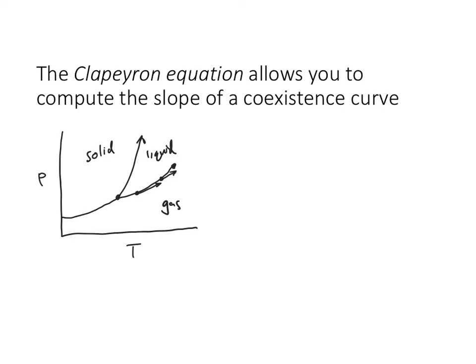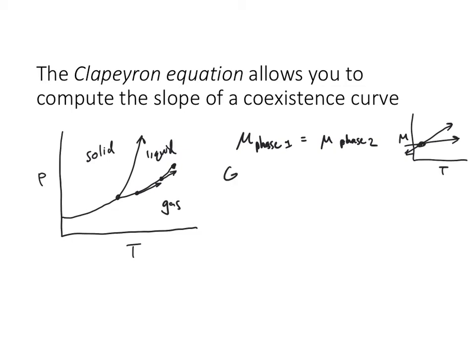And it all begins by recognizing that the chemical potential of a particular phase, say phase 1, must equal the chemical potential of a different phase if the two phases are coexisting. Sort of like when we saw a plot of the chemical potential versus temperature, the phases were coexisting when those two curves exactly matched up with each other.